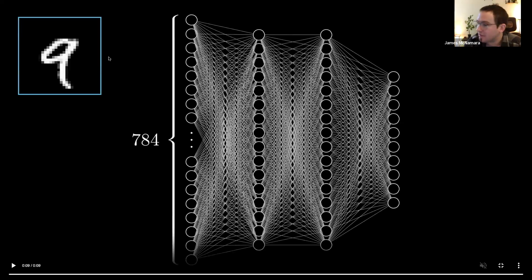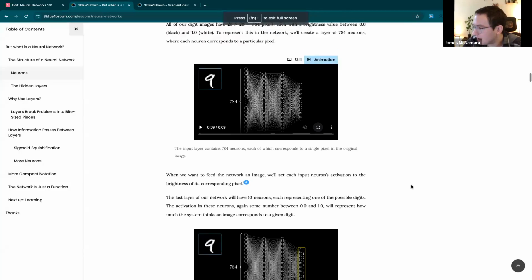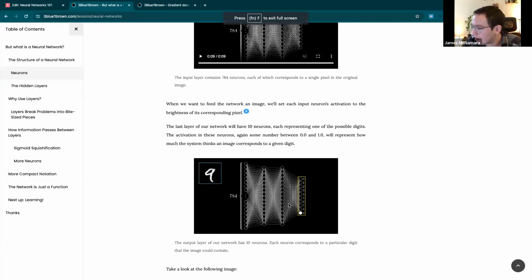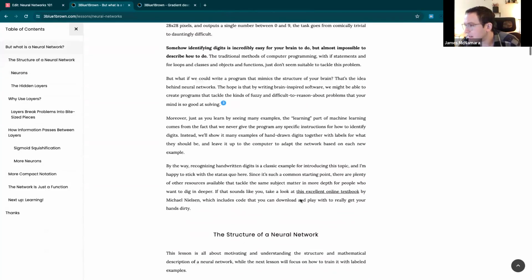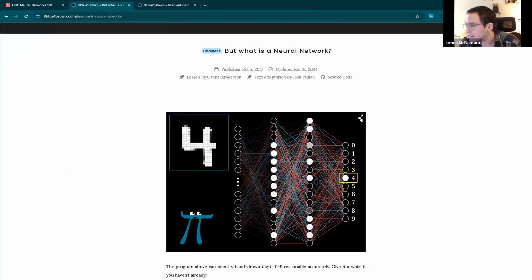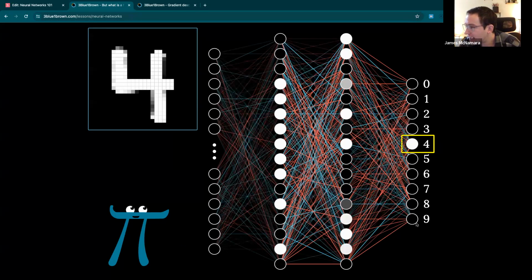We have a whole bunch of layers in between, and then our output. Let's go back up to our output. It's 10 nodes, where we are expecting a 1 in any one of those nodes to indicate that that's the digit we think is written in the input.